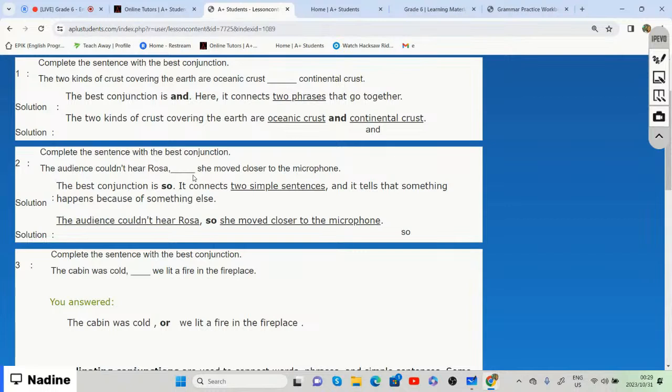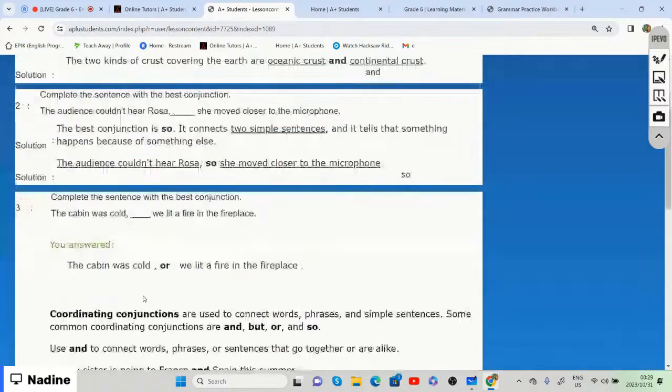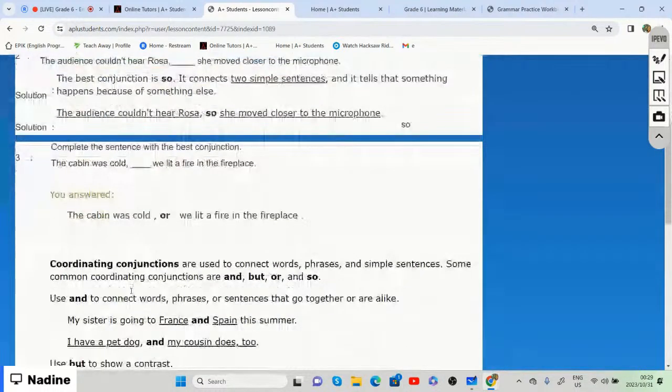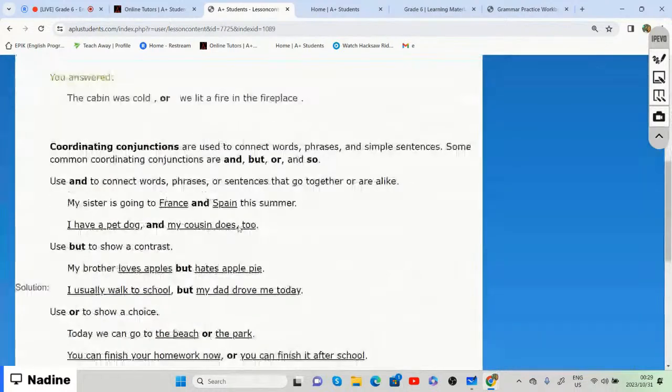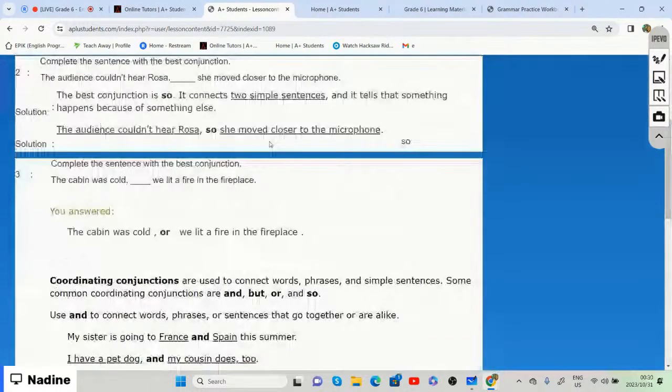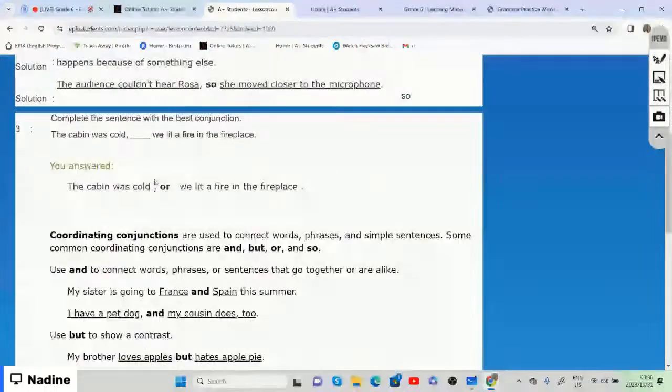And then, the cabin was cold. We lit a fire in the fireplace. So we are basically going to put "so."